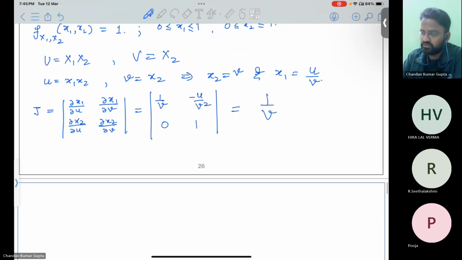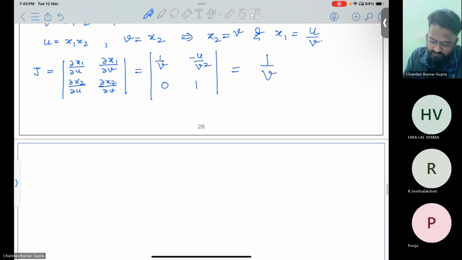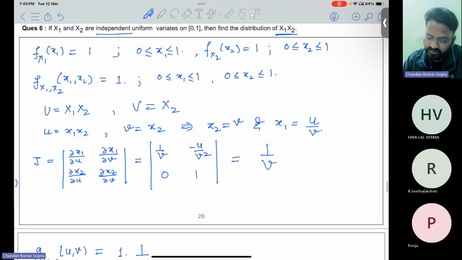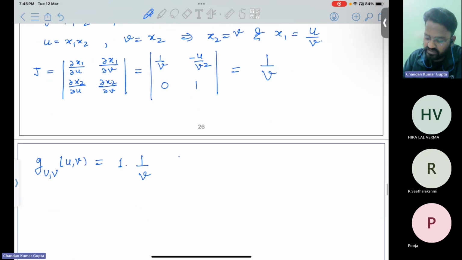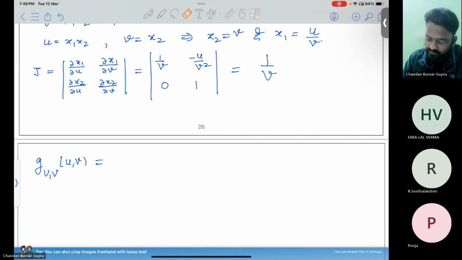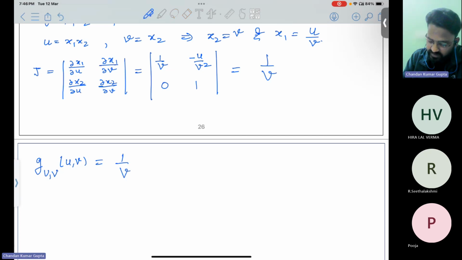Now the joint PDF of u, v equals 1 into 1 by v. The joint PDF of x1, x2 is 1, and the Jacobian is 1 by v, so it comes out to be 1 by v.